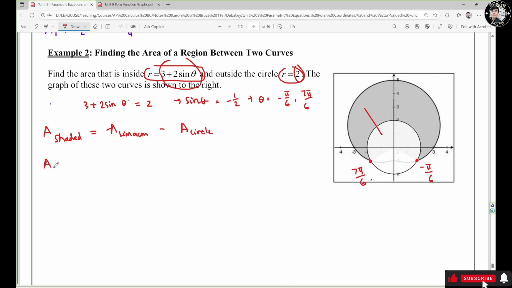The area of the limaçon is 1/2 integral from negative pi over 6 to pi over 2 of this one right here, squared, 3 plus 2 sine theta squared d theta.